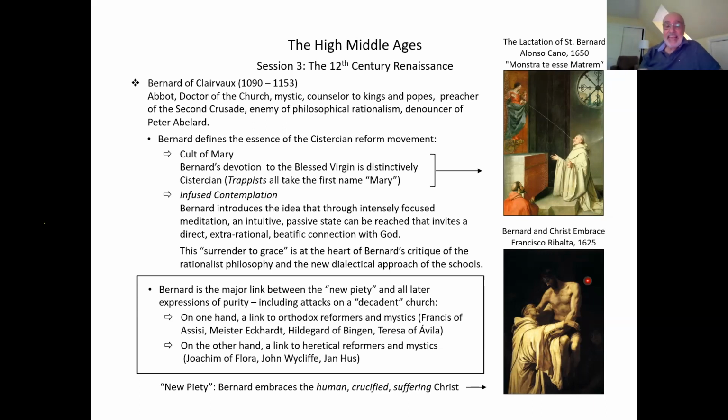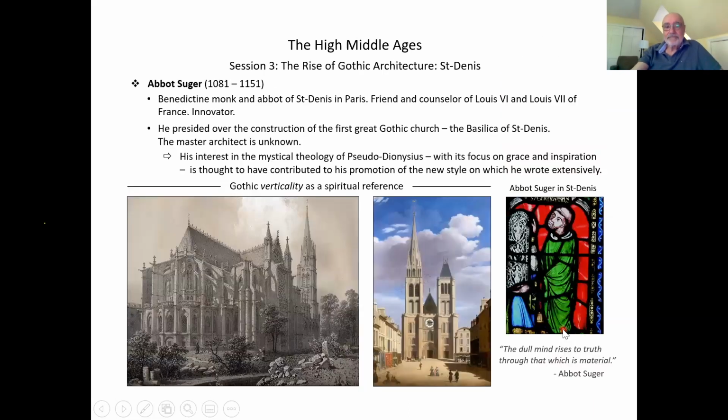On the one hand, he's a link to the Orthodox reformers and mystics, Francis of Assisi, Meister Eckhart, Hildegard of Bingen, Teresa of Avila. And on the other hand, he's a link to heretical reformers and mystics, Joachim of Flora, John Wycliffe, Jan Hus. And here in that picture, you have the very depiction of the new piety, Bernard embracing the human, crucified, suffering Christ.